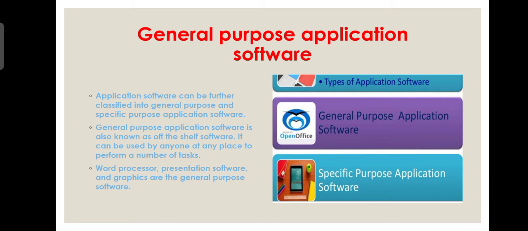Application software can be further classified into general purpose and specific purpose application software. So let's give a quick revision of that. General purpose applications are used in business, in shopping malls, in railways, in airways, for example.